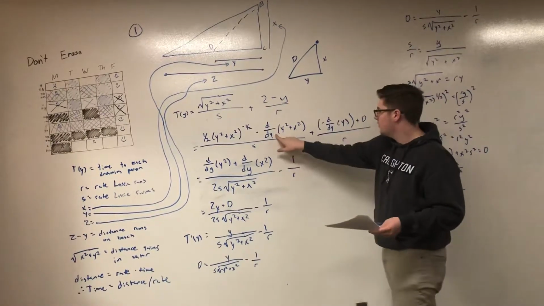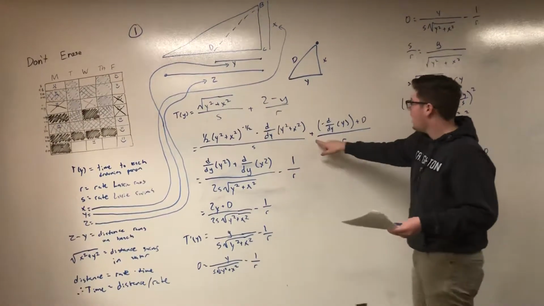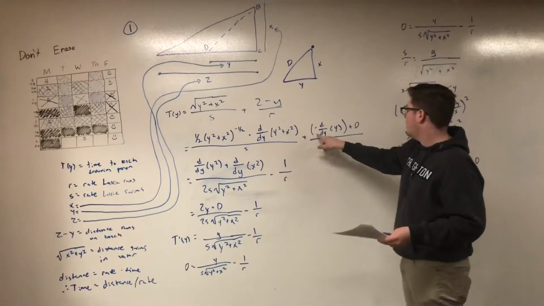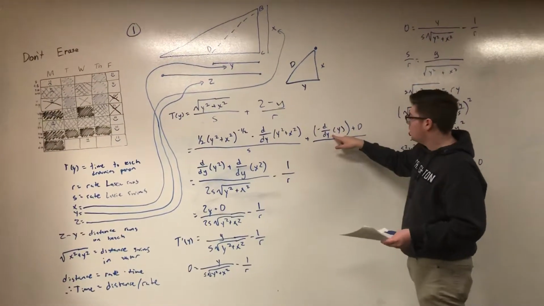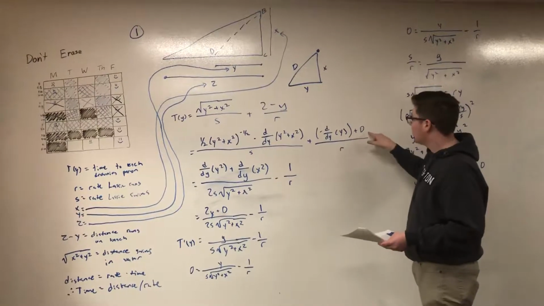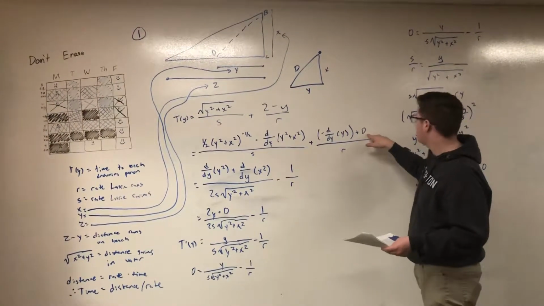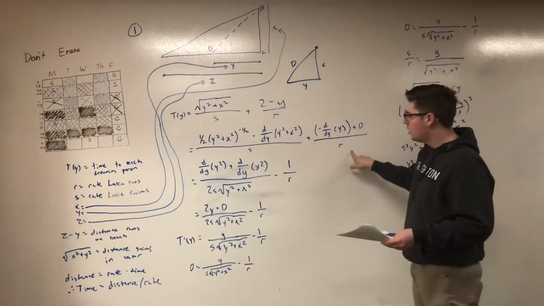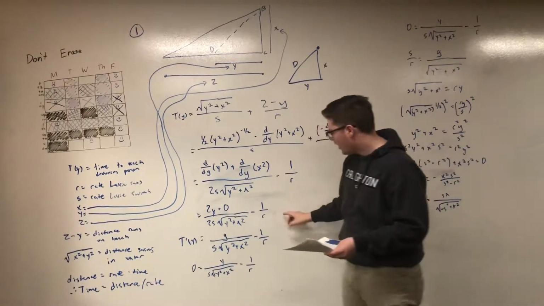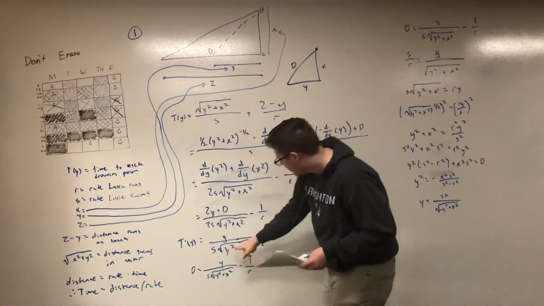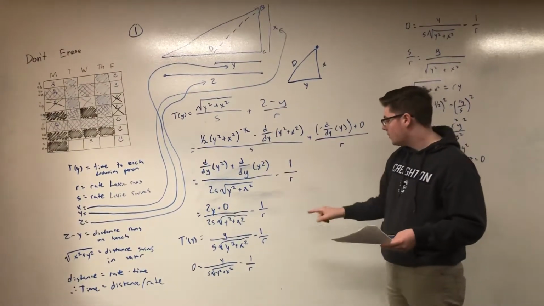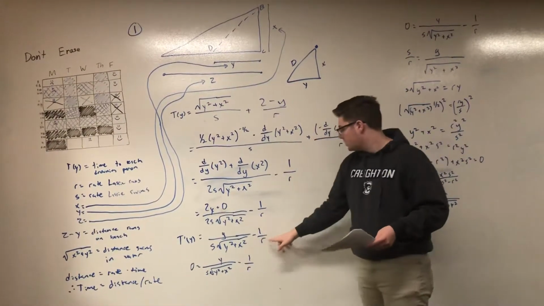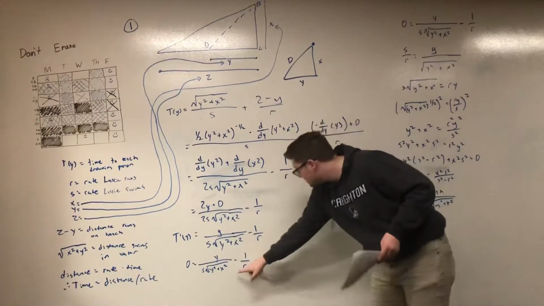And we use implicit differentiation here. And then you add, according to this equation, and use implicit differentiation again to get negative d/dy times y, plus 0 over r. And then we simplify to get the derivative, y over s times the square root of y squared plus x squared, minus 1 over r. And then we set it to 0.